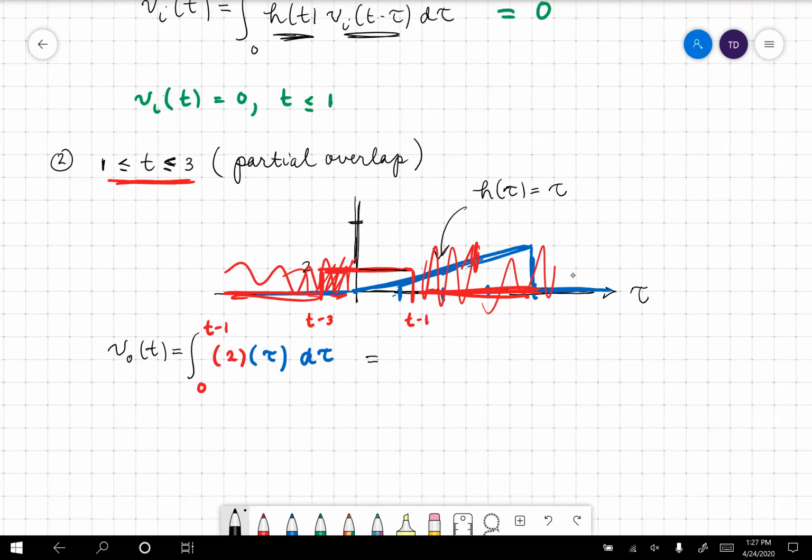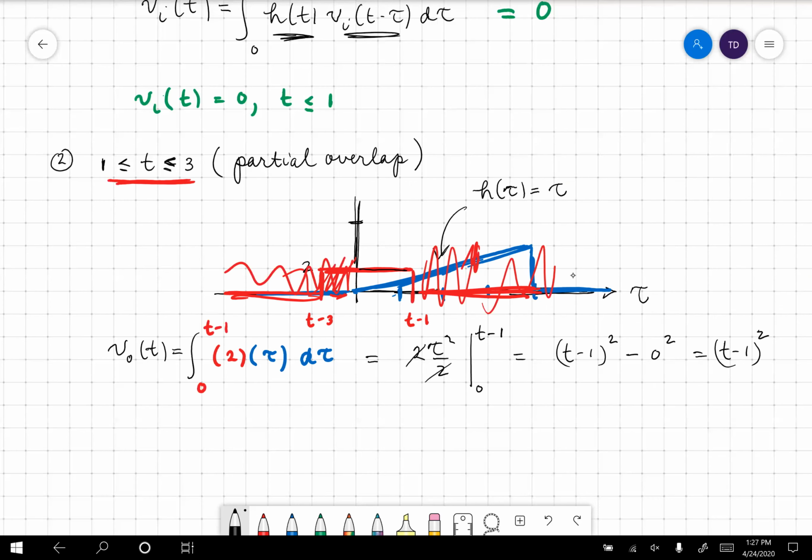So 2 tau integrated is 2 tau squared over 2, evaluated from 0 to t minus 1. The 2's cancel. This is equal to t minus 1 squared minus 0 squared, which equals t minus 1 squared.